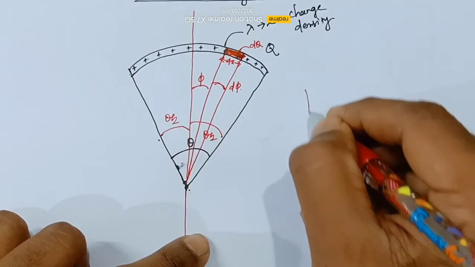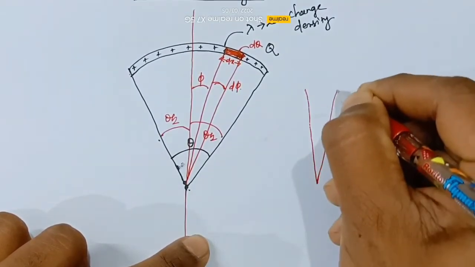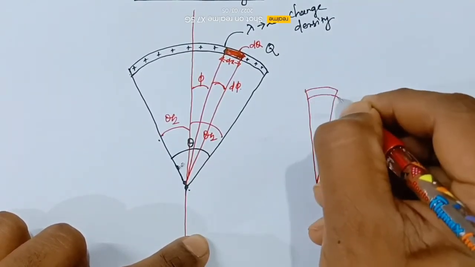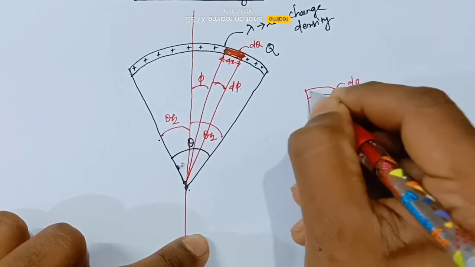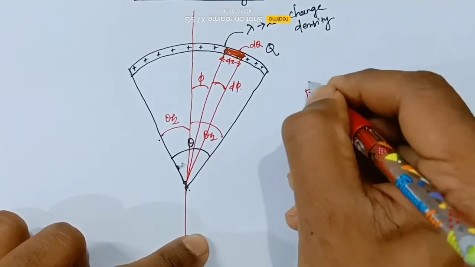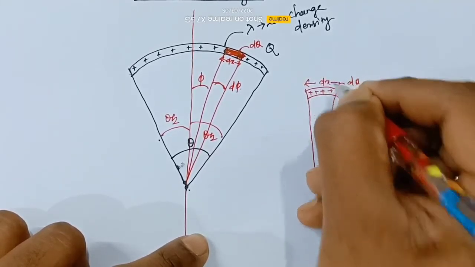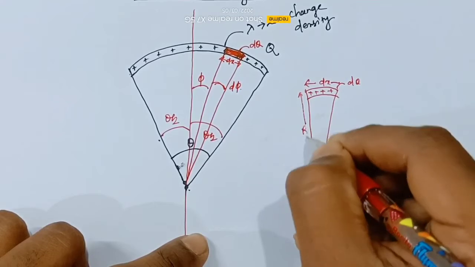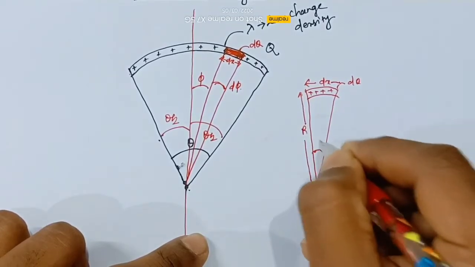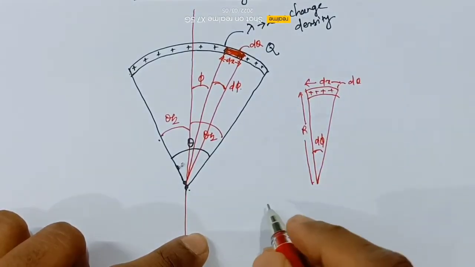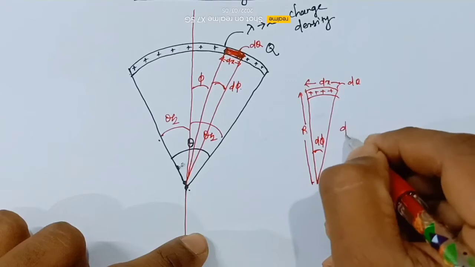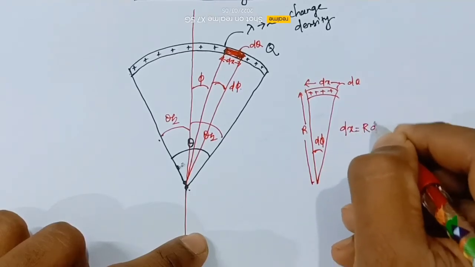So I want to redraw the same scenario here. This is dq, the length is dx, the radius is r, and this angle is d phi.